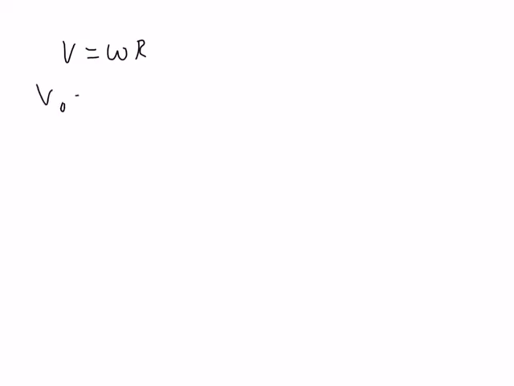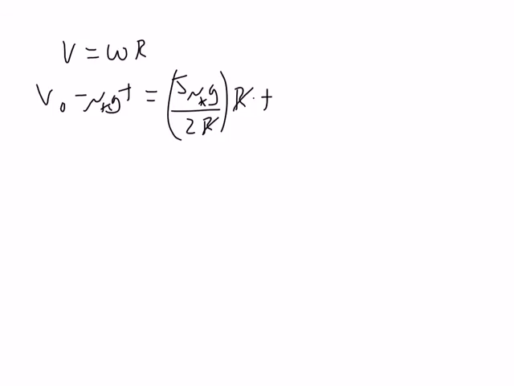So that's v naught minus mu k g t equals 5 mu k g over 2r times t. Right, so the r's will cancel, and we'll get v naught equals mu k g t plus 5 halves mu k g t.